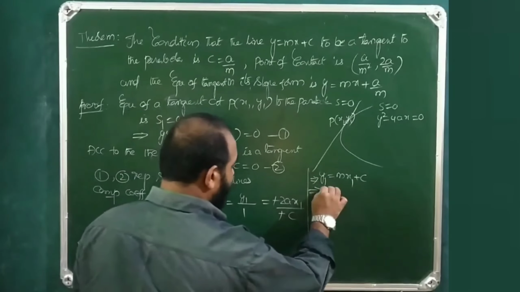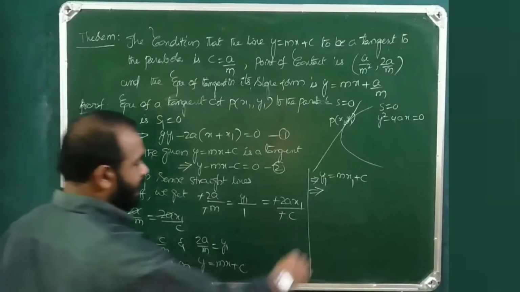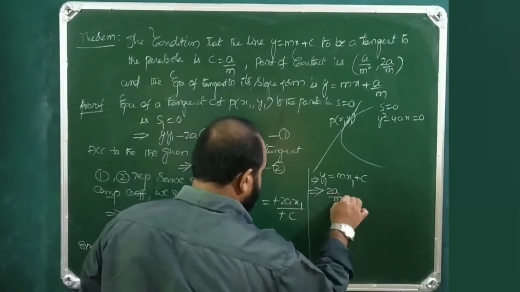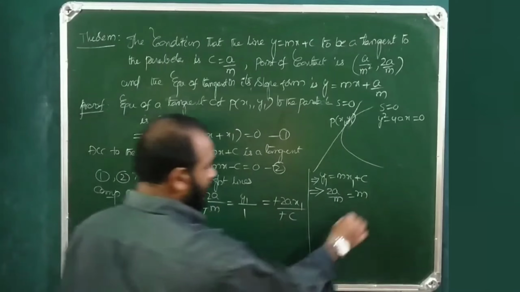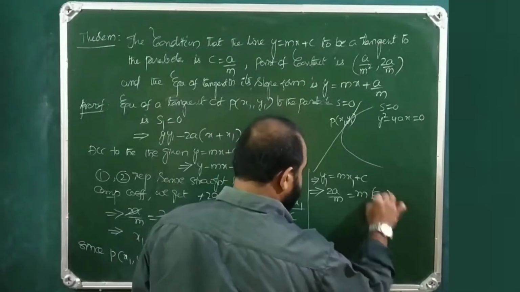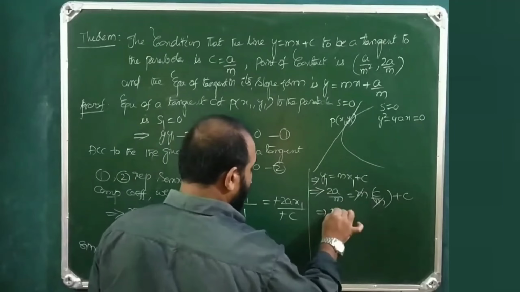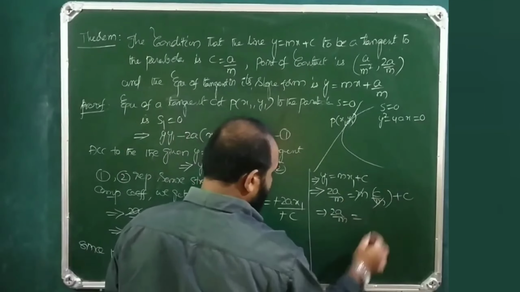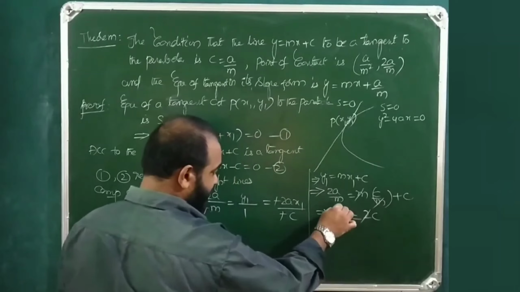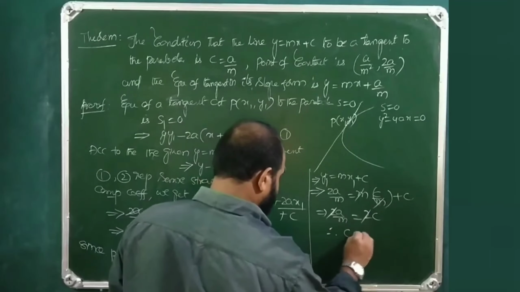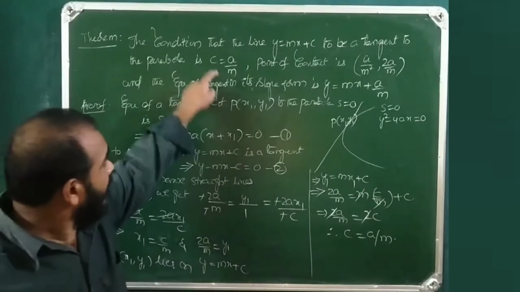So what is y1 that we got right now? y1 is 2a by m, equals m into what is x1? c by m, plus c. So m gets cancelled. 2a by m equals c plus c, which is 2c. 2 gets cancelled. Therefore, c equals a by m.